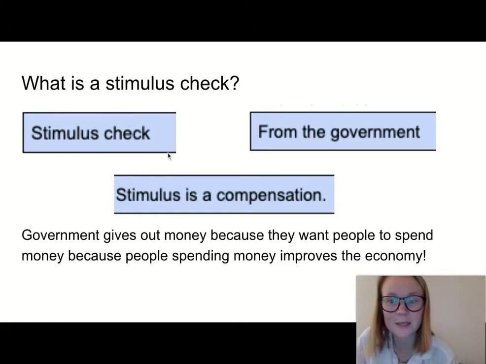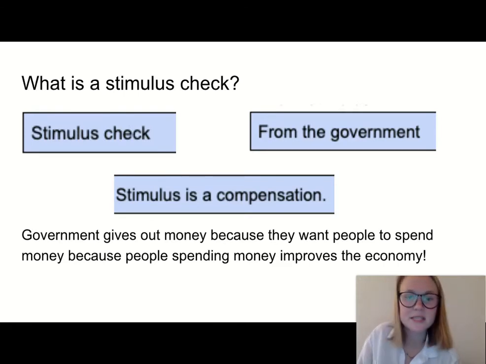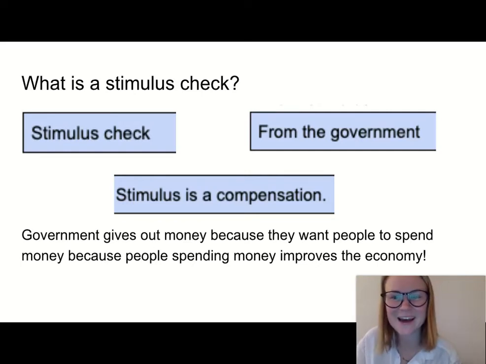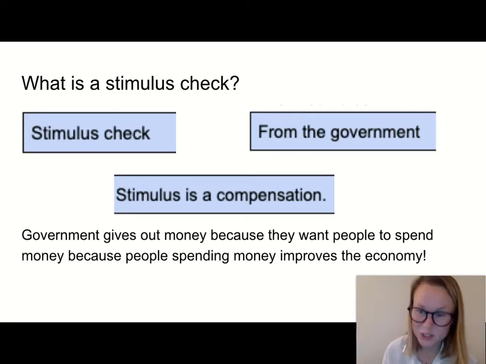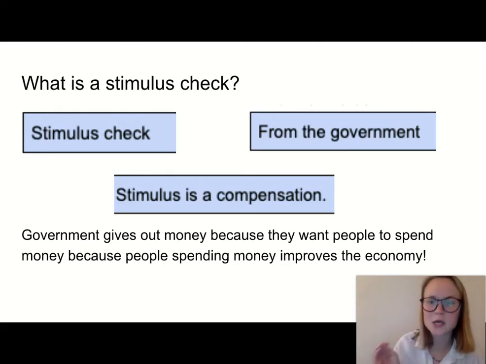A lot of you wrote something like stimulus check or compensation or from the government. And that is one way that we can use this word stimulus in more recent times. A stimulus check is when the government gives out money because they want people to spend money, because people spending money improves the economy.